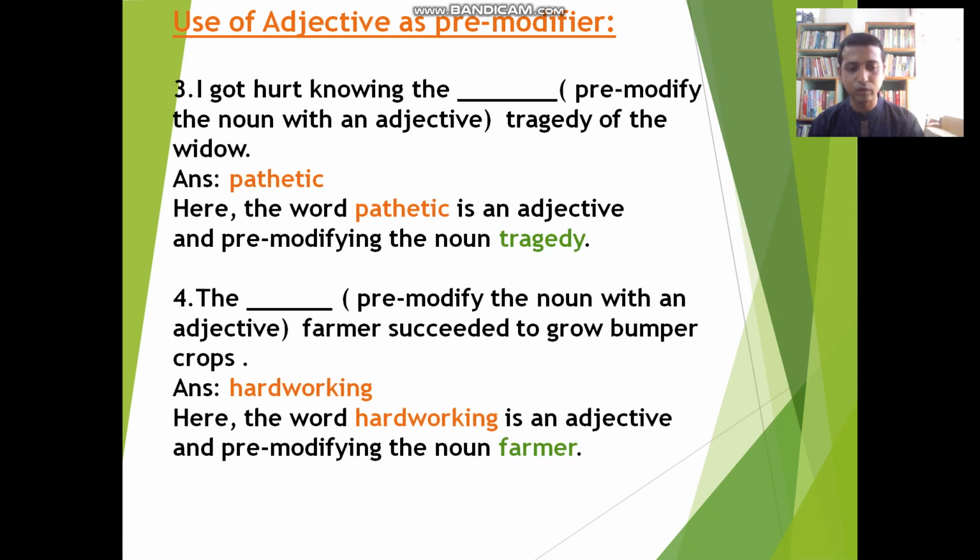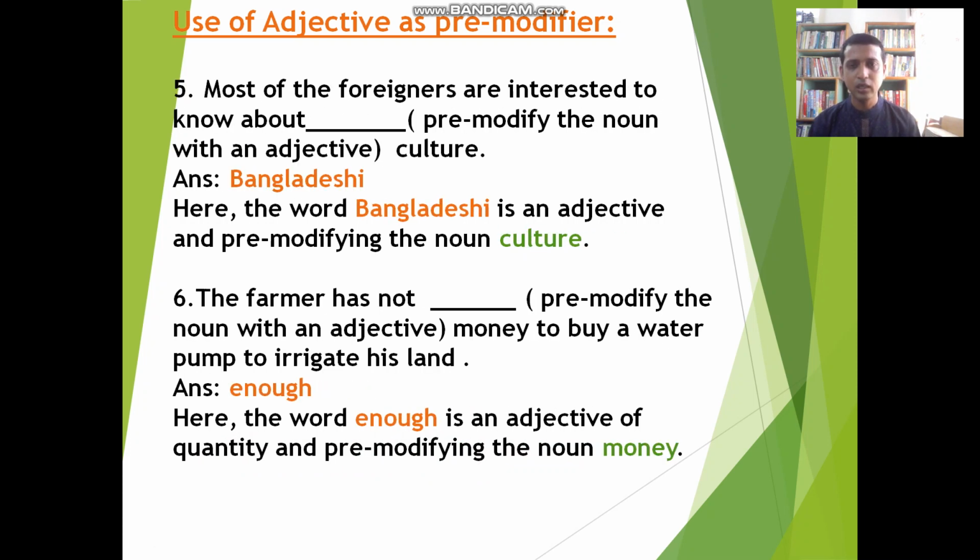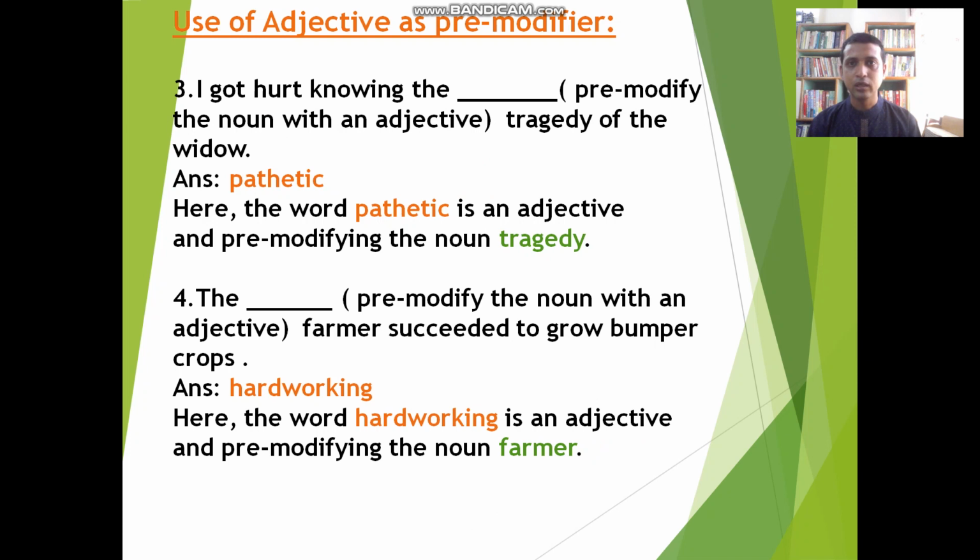Please, let's take a look at another slide. Use of adjective as a premodifier. That is example number 3. I got hurt knowing the dash tragedy of the widow. Within bracket, premodify the noun with an adjective.